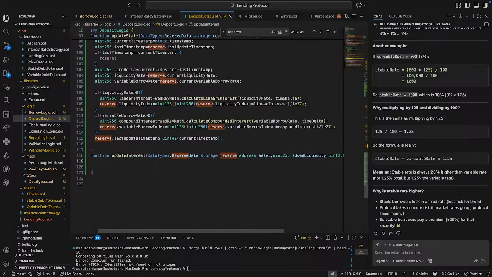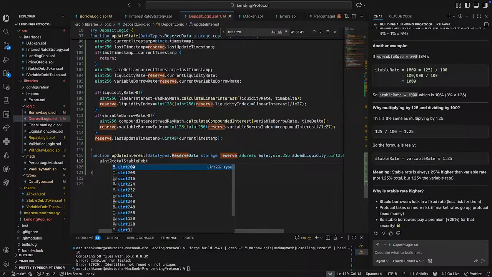First we are going to call the total stable debt. It should be after uint256.